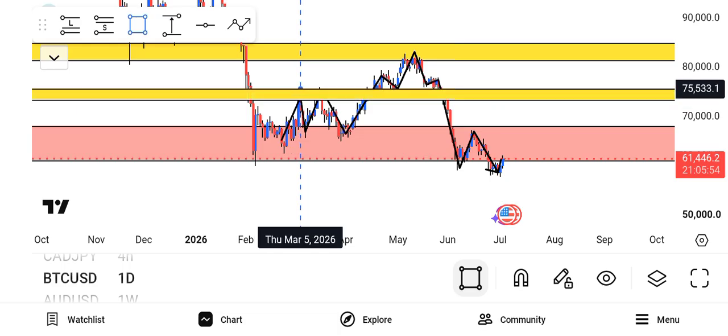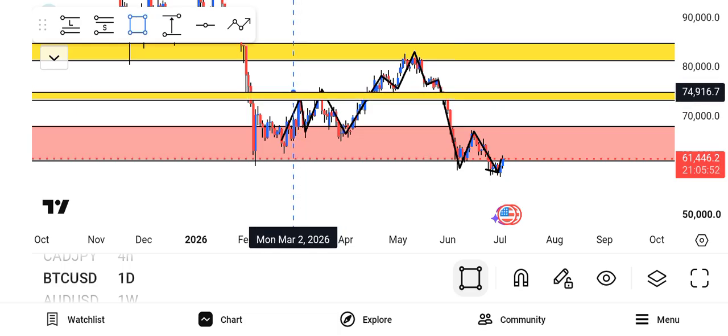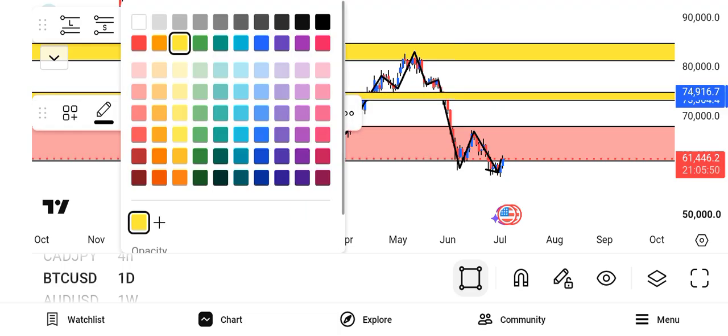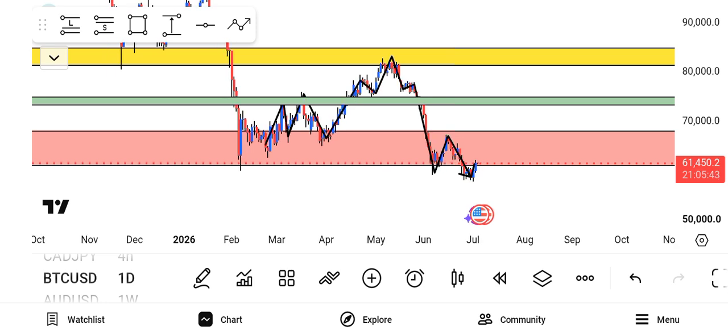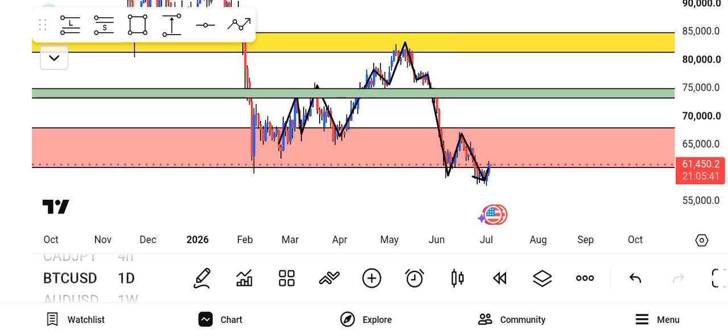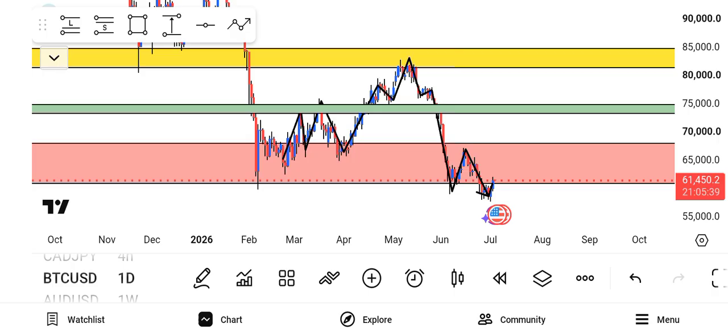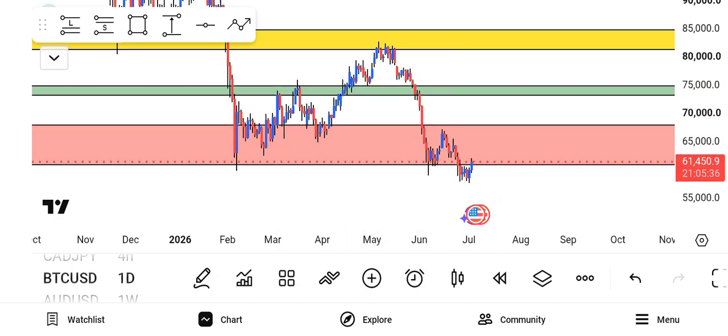You want to draw a zone here like this as a daily. My daily is green. Yeah, you want to draw at this particular level here like this. If you draw it like this, you're still learning though.